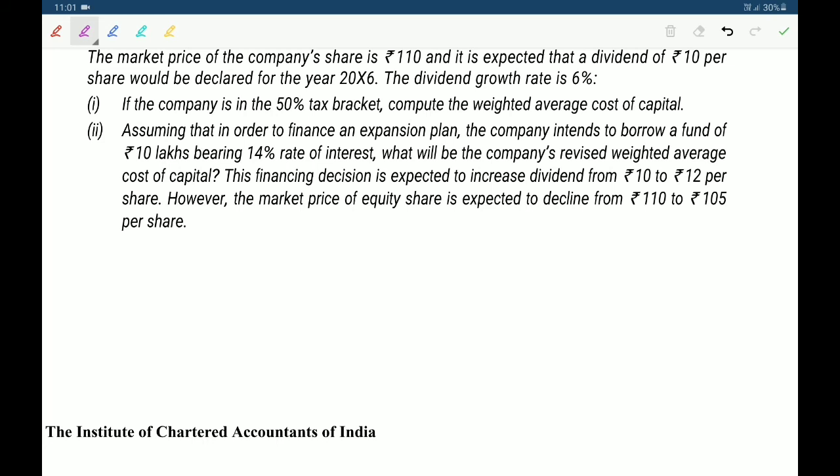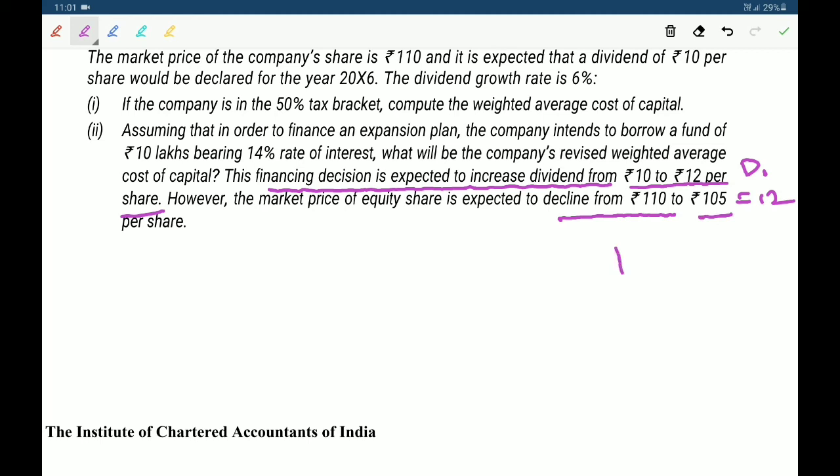Next, this financing decision is expected to increase dividend from 10 rupees to 12 rupees per share. That means we have to find out new cost of equity share. What is the D1 now? D1 equal to 12 rupees. However, the market price of equity share is expected to decline from 110 rupees to 105 rupees.